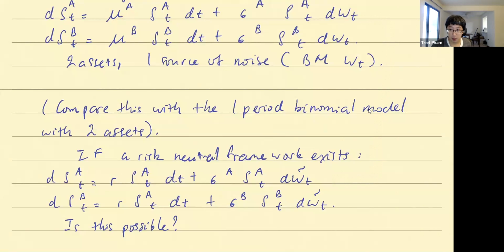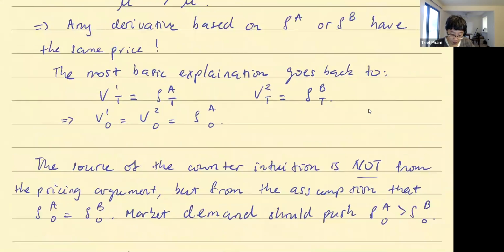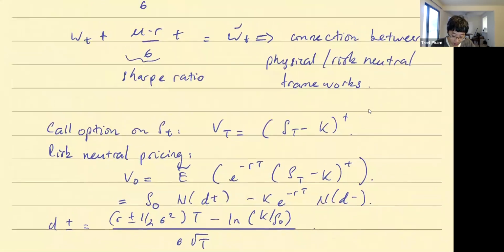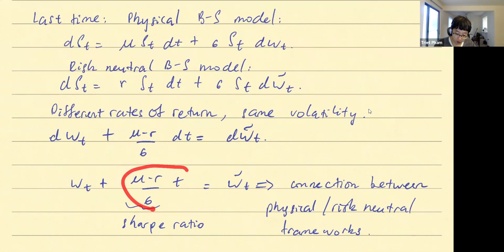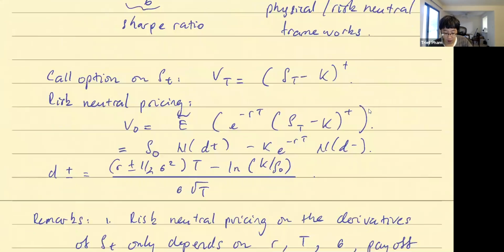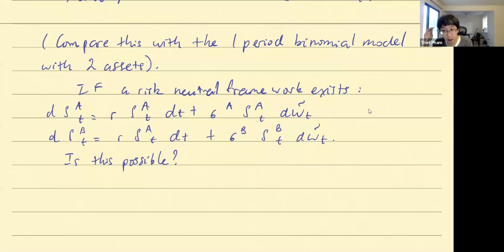It is a more subtle transition that moves the Brownian motion W to W tilde via this quantity right here. So basically, to move from physical to risk neutral, you must attach a Sharpe ratio rate of return to a Brownian motion of the physical model. That's the key here.